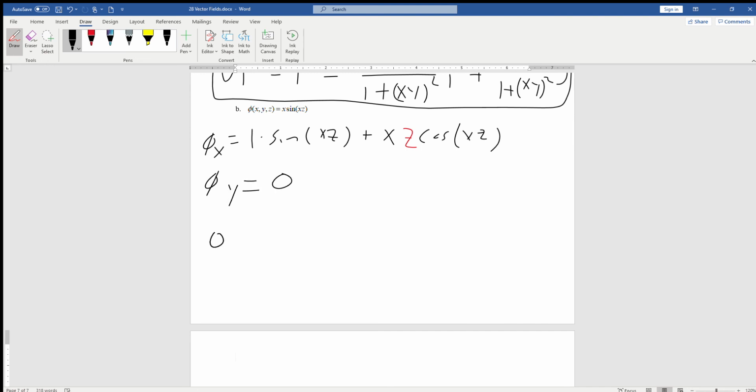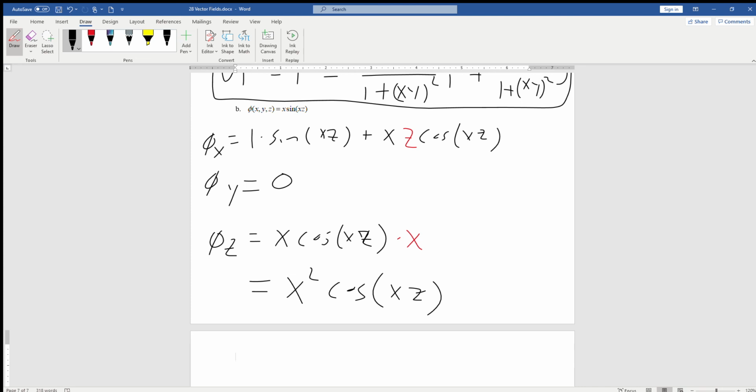And then phi of z is fairly easy. We don't need a product rule for this derivative. The x is constant, the derivative of sine is cosine, but then we still have a chain rule, so we multiply by the derivative of the inside with respect to z, which is just x. Another way to write that would be x squared cos xz.